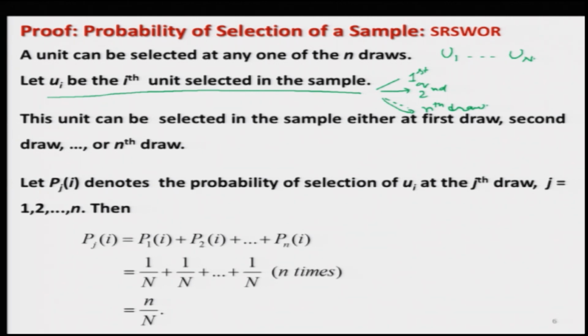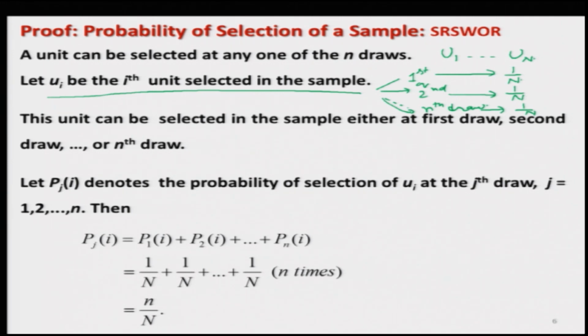And we have seen that the probability of selecting Ui in the first draw is 1 upon the population size, 1 upon capital N. The probability of drawing Ui in the second draw is again the same, because this is SRS, and the probability of drawing Ui in the nth draw is also the same, 1 upon capital N. So, now I have a small n number of possibilities in which I can draw Ui in any of the draws from 1 to n.